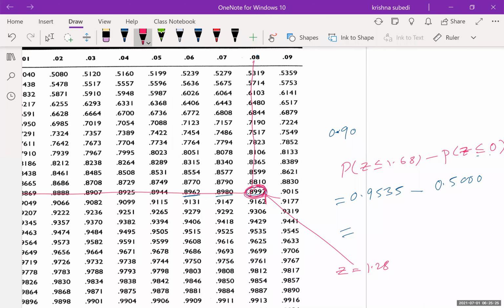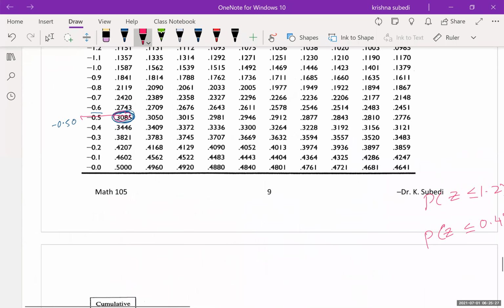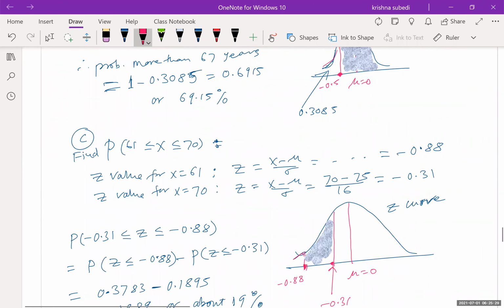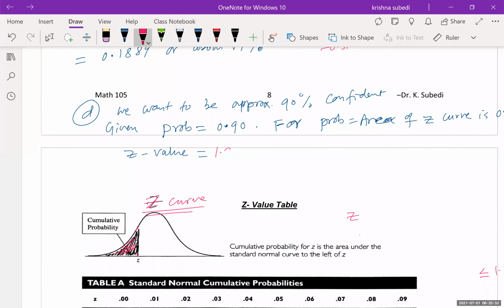All right, so let's go all the way up. We know the Z value is 1.28, and we are looking for the X value.